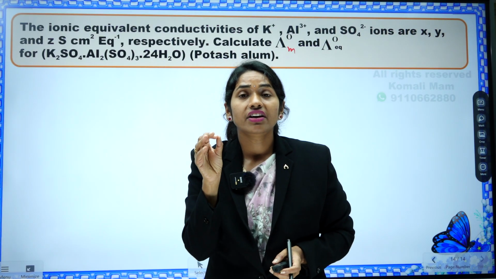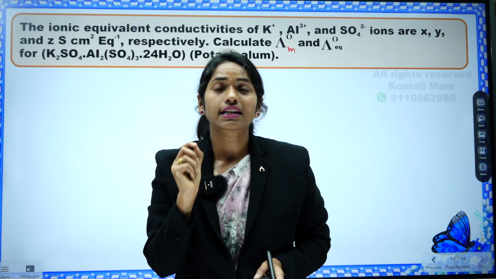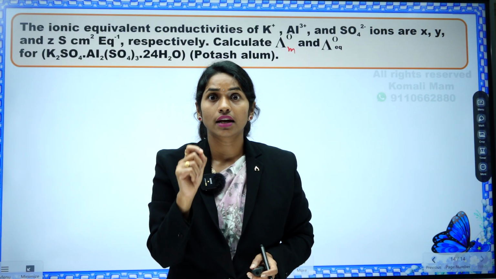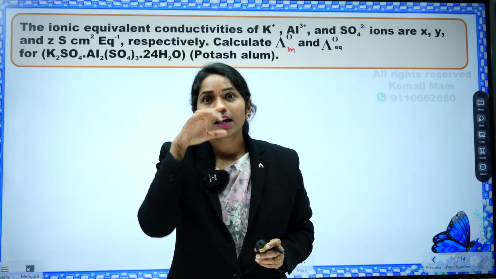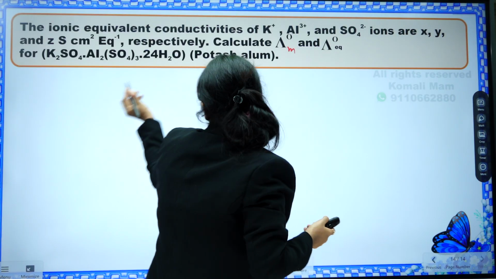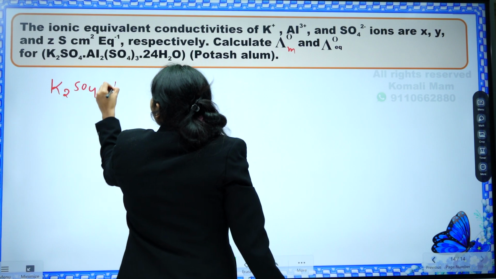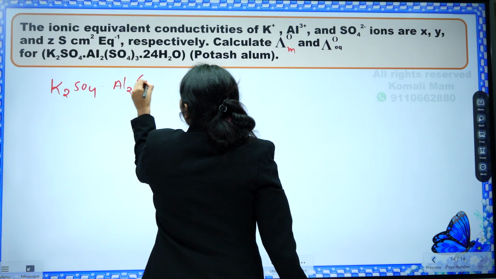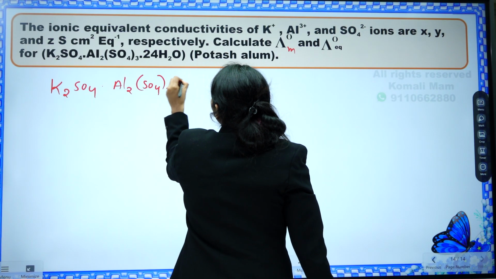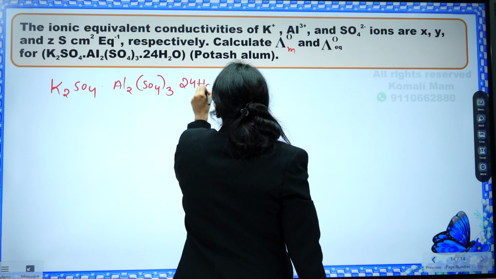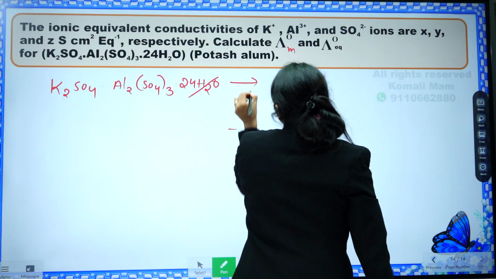They have given us equivalent conductivities in the question, students. Then you should not do like all the sum. Why? Because K2SO4, Al2(SO4)3, 24H2O. Forget about these water molecules.